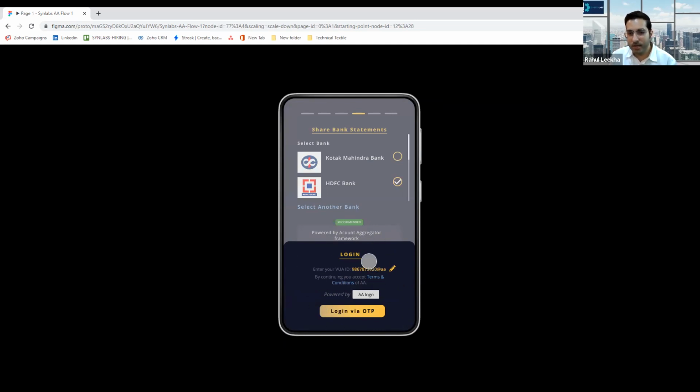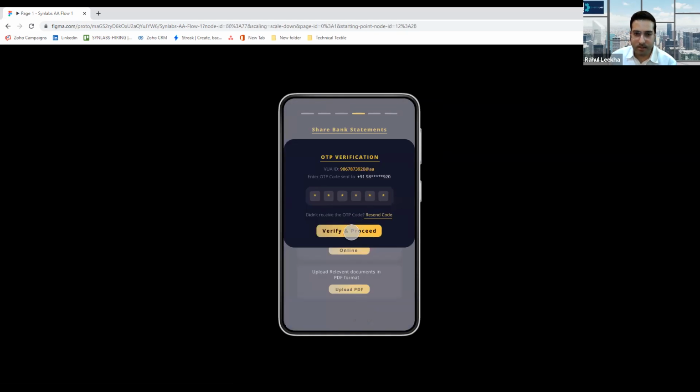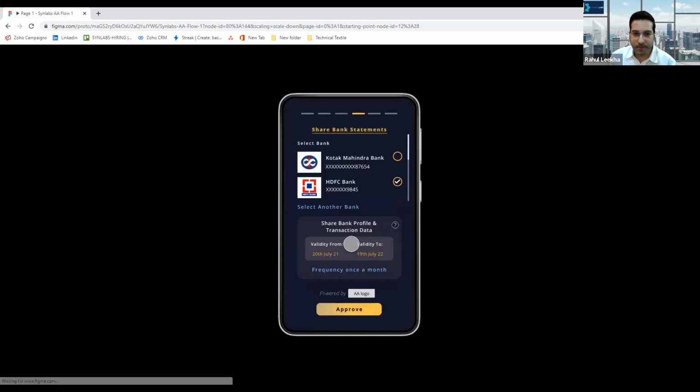So the person is never leaving the app, but they're just getting this powered by logo. So they enter this OTP to access their account aggregator account. We fetch the bank details. And we are also asking them here about what this data validity is going to be, and what is going to be the frequency.